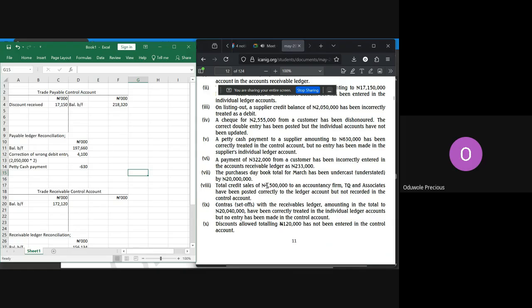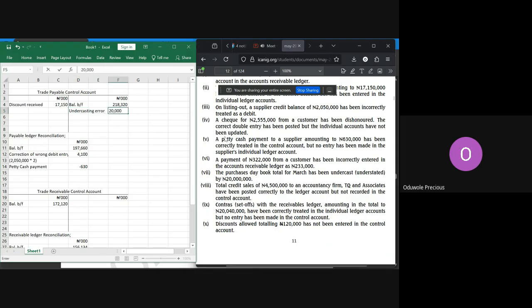Undercast means that it will increase the debt, because you have over-reduced that thing. The person is owing you 40,000, you made a mistake and recorded 20,000 that he owes you. Doesn't he still owe you the other 20,000? So it's still debt. So here, undercasting error of 20,000.